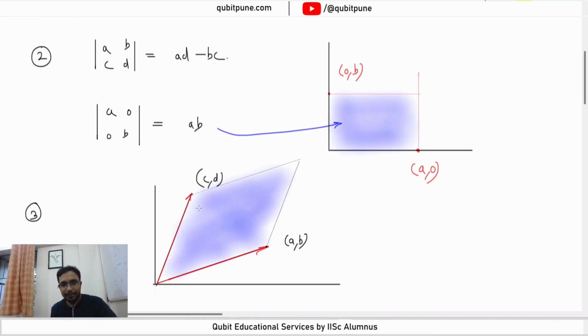You can still do it. So determinant allows us to express the information in a more condensed form. So what is this area? This area is actually AD minus BC. Well, we know that determinant value can sometimes be negative, but that's okay. We just take the modulus if it is representing area. Is that clear?